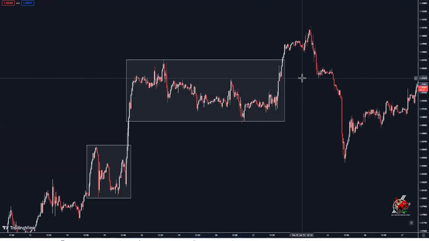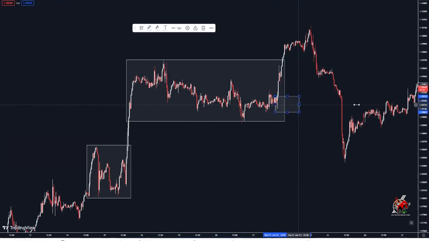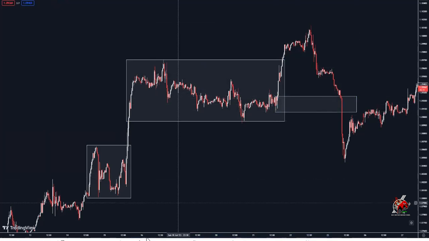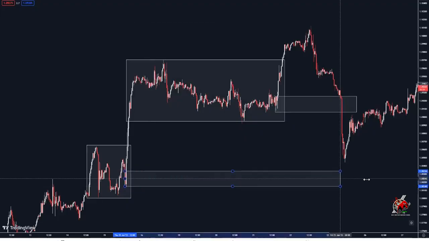In this example, we are looking at a bullish example. So which order block will you mark between this one and this one? Because as we can see right here, you were gonna choose this one, and then you take this one as well. Which one will hold?